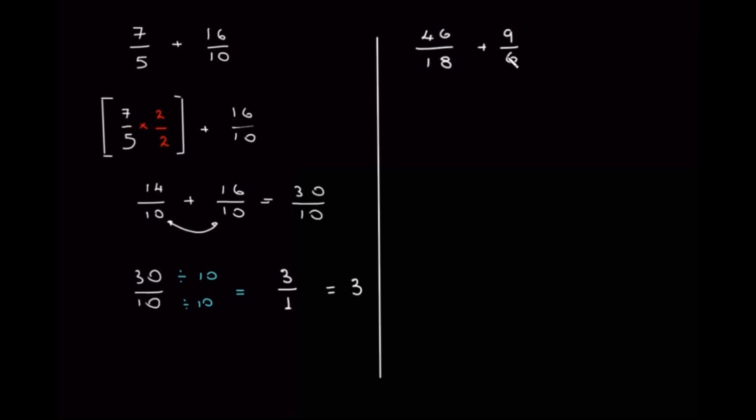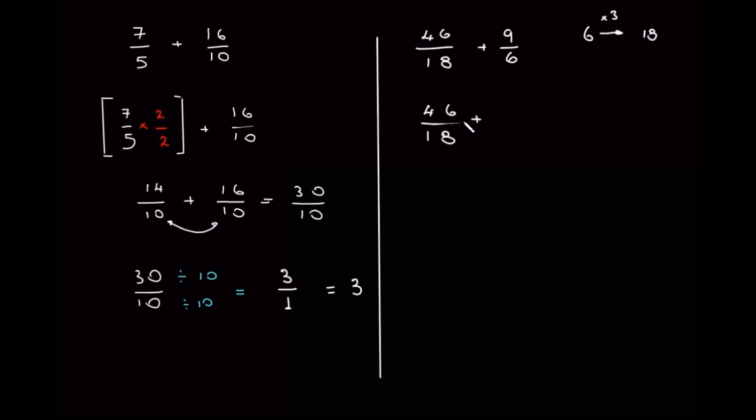So these are not less than 1, they are greater than 1. We need the bottom numbers to be the same. I want to change the 6 into 18. And if I multiply that by 3, I get the 18. Okay, so here's the 46 over 18.